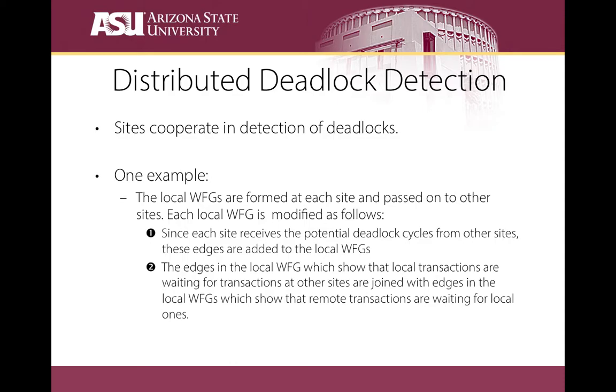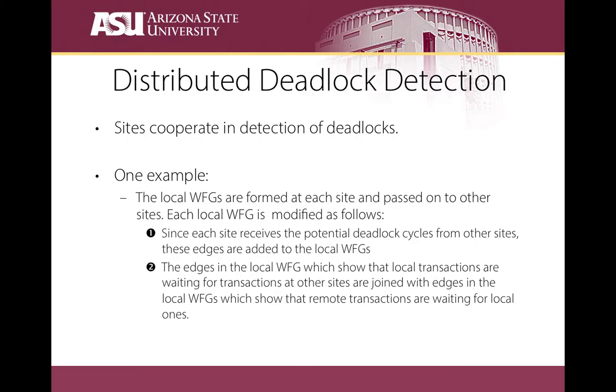So in that case, you don't have one central site to take care of the global deadlock detection. You can do this locally, and if anything is needed between sites, you just share information between sites. Send signals, and put everything together to have a better understanding of the bigger wait-for graph.